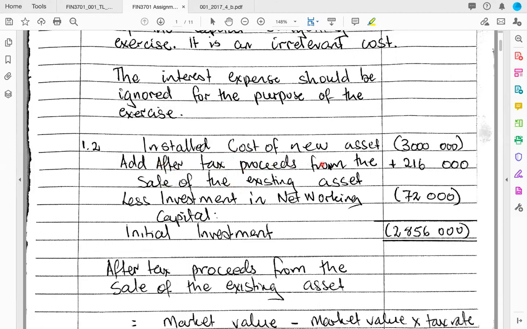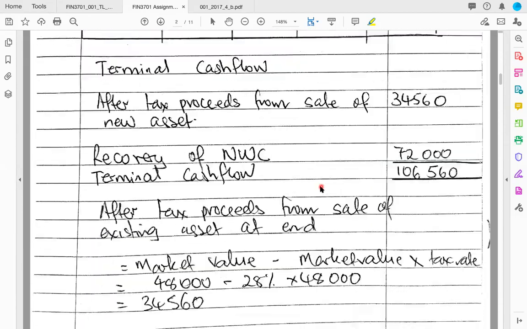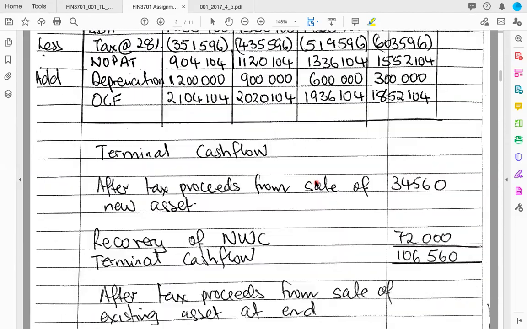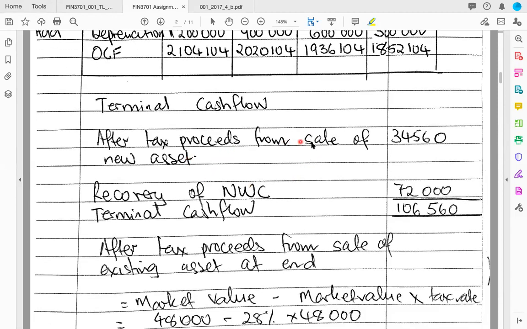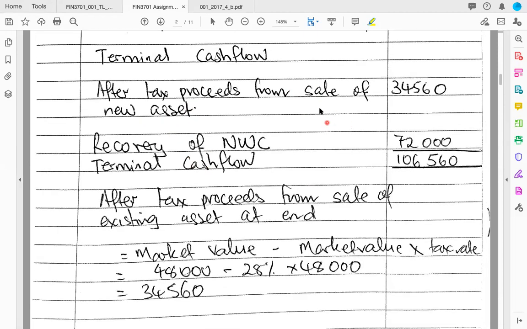We took the after-tax proceeds from the sale of the existing asset. Whereas now for the terminal cash flow, we take the after-tax proceeds from the sale of the new asset.